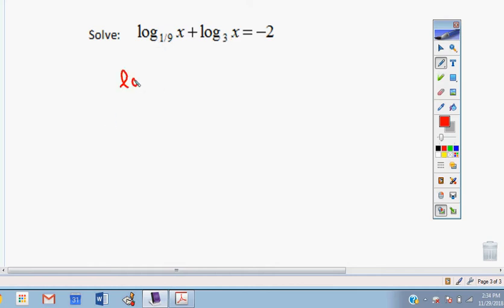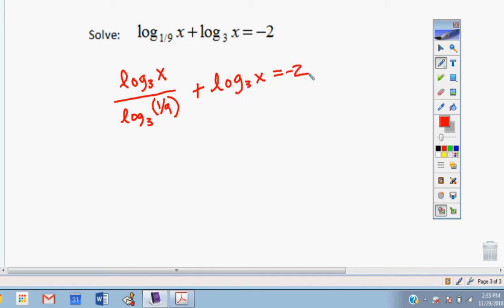So watch what happens. I have log base 3 of x over log base 3 of 1/9. Okay, and the reason I'm doing that, hopefully it's already been an indicator to you as I did it, but you know what that denominator is, right? You know what this is. 3 raised to what power would actually give you 1/9?